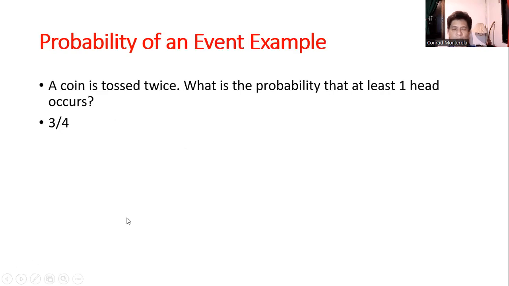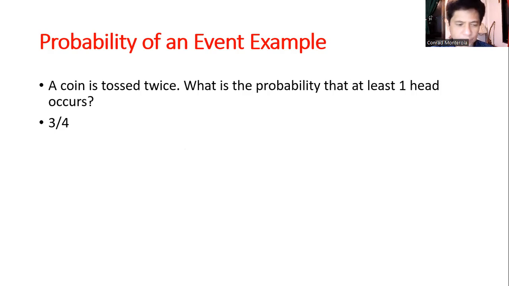So for example, we are going to toss a coin twice. What is the probability that at least one head occurs? To solve this problem, we need to list down the possible outcomes.